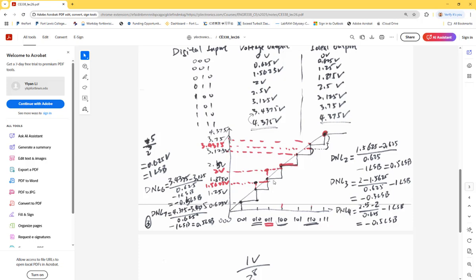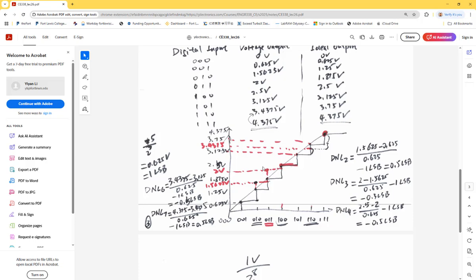For DNL3, let's see. Here is 2 volts, and the ideal value is 1.875, but it actually jumps to 2 volts from 1.5625, right? So the step size over here is 2 minus 1.5625, which is from here to here. That's a step size.